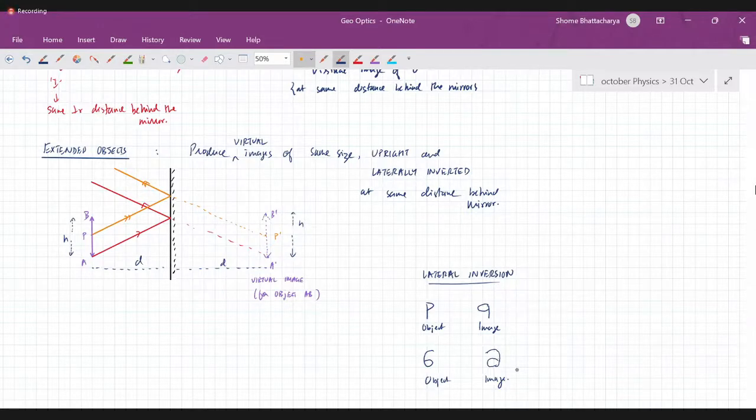Okay, so this is very simple and obvious part of geometrical optics. Nothing very difficult here.